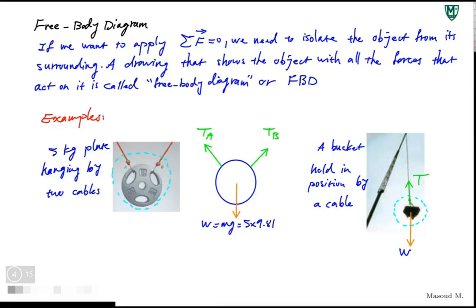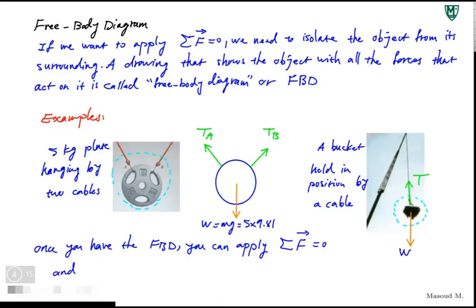Once you get the free body diagram, all that is left is to do the vector sum. Once you have the free body diagram, you can apply summation of forces equal to 0 and find the unknowns that you're looking for.